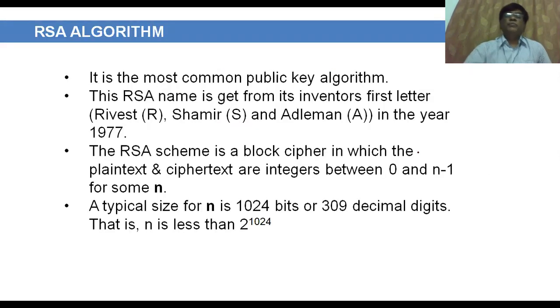Now one example algorithm of asymmetric key or public key cryptography is the RSA algorithm. It is the most common public key algorithm.